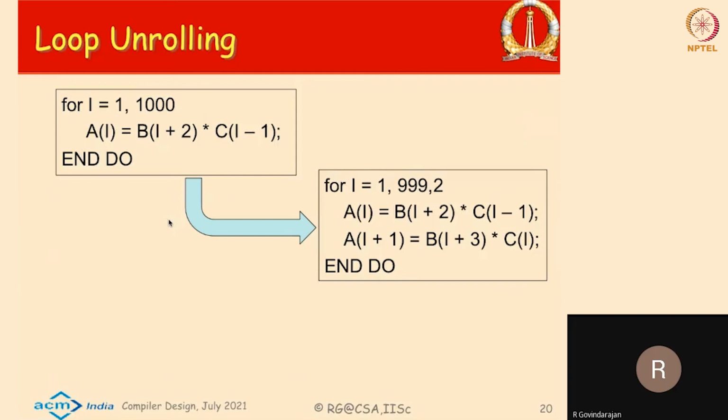The only thing that you have to be careful about is that when you do loop unrolling, you have to make sure that you iterate exactly that many times. If the values are not exact multiples, then you will have a few leftover iterations. For example, let's say that the original loop has to iterate 8 times, 1 to 8, and you are unrolling by 3.